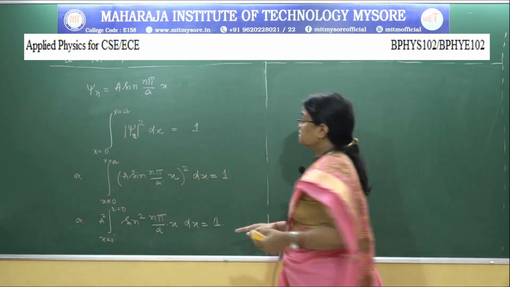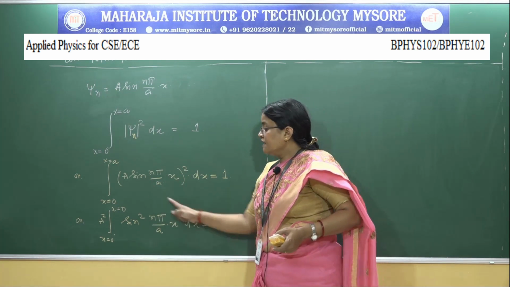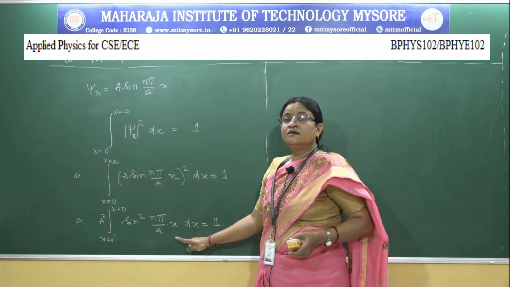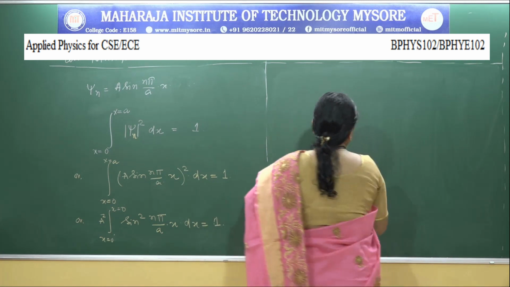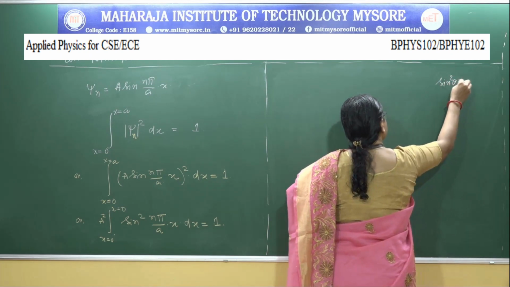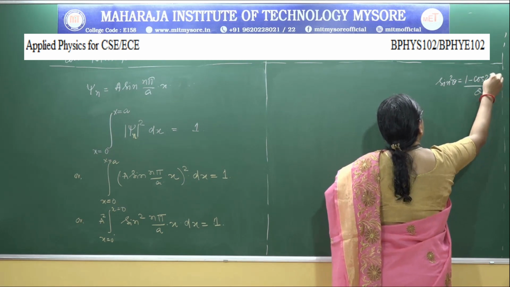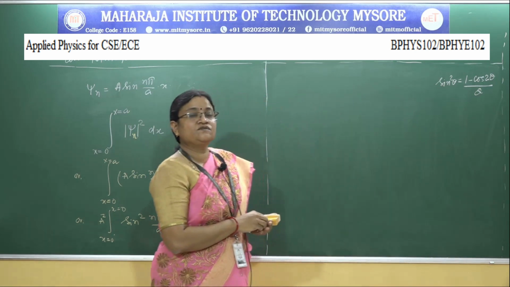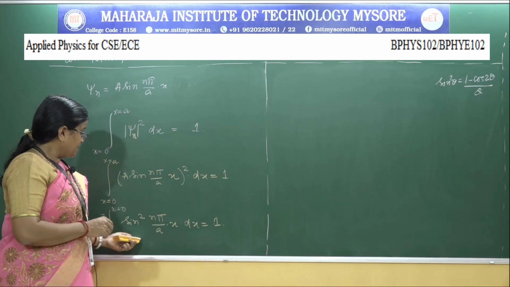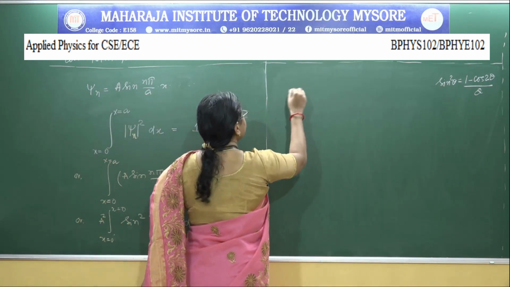So now to integrate this sin square n pi by a into x, we have to further simplify the sin square theta value, and what we know is that sin square theta is equal to 1 minus cos 2 theta divided by 2. Sin square theta is equal to 1 minus cos 2 theta divided by 2. So, simplifying further the sin square n pi by a into x value, what we get?